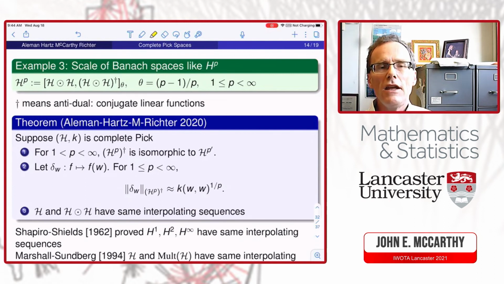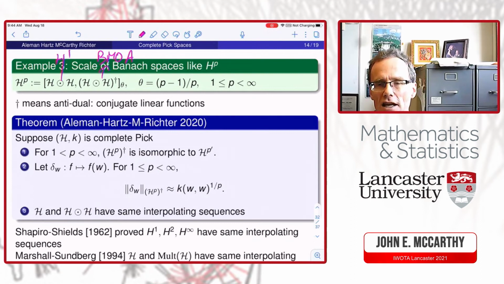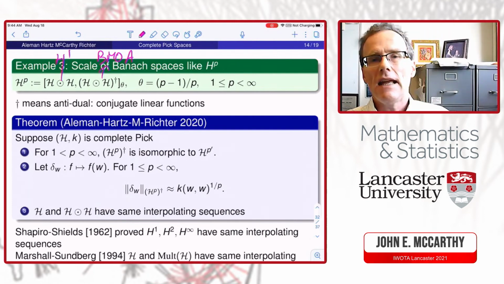So on the unit disk, this would correspond to H1, and this would correspond to BMOA, the analytic functions of bounded mean oscillation, which is slightly bigger than H infinity and smaller than every other HP space. And if you do Calderon's complex interpolation between H1 and BMOA, you indeed get the HP spaces.